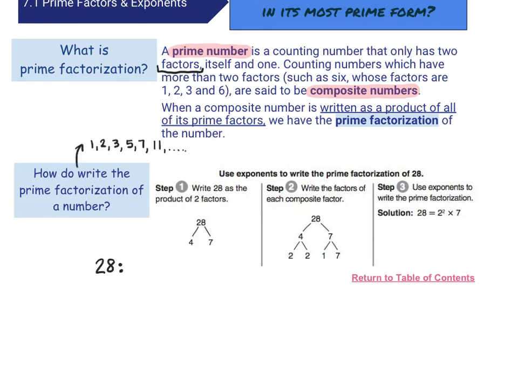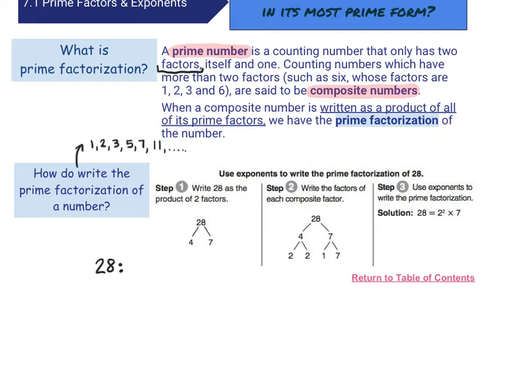There's a lot more, but it's literally numbers that are divisible by 1 and itself. So 1 is only 1 times 1, 2 is only 2 times 1, 3 is only 3 times 1, 5 is only 5 times 1. You can't use any other whole numbers to multiply together to give you that number.